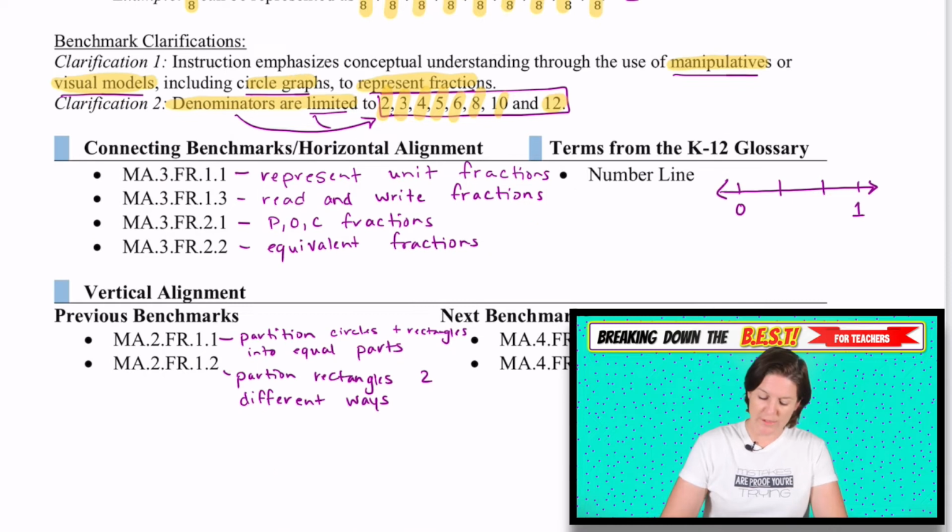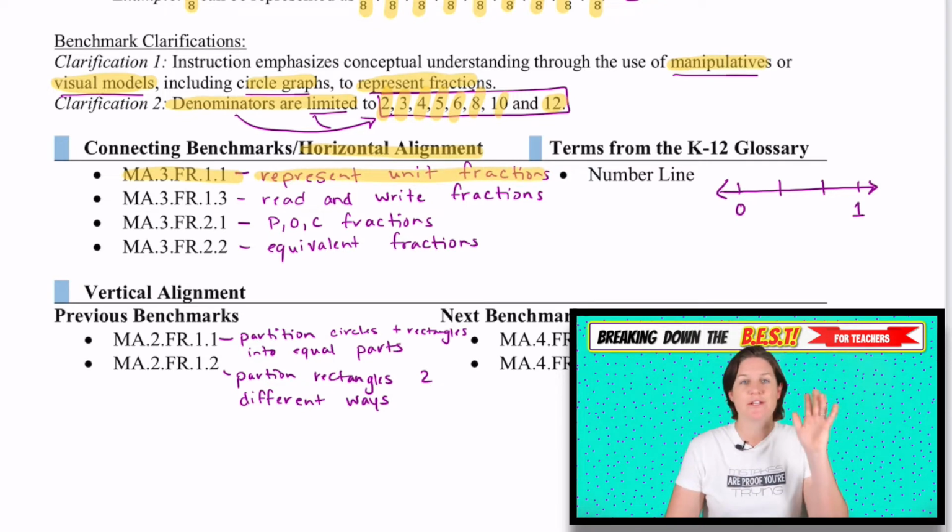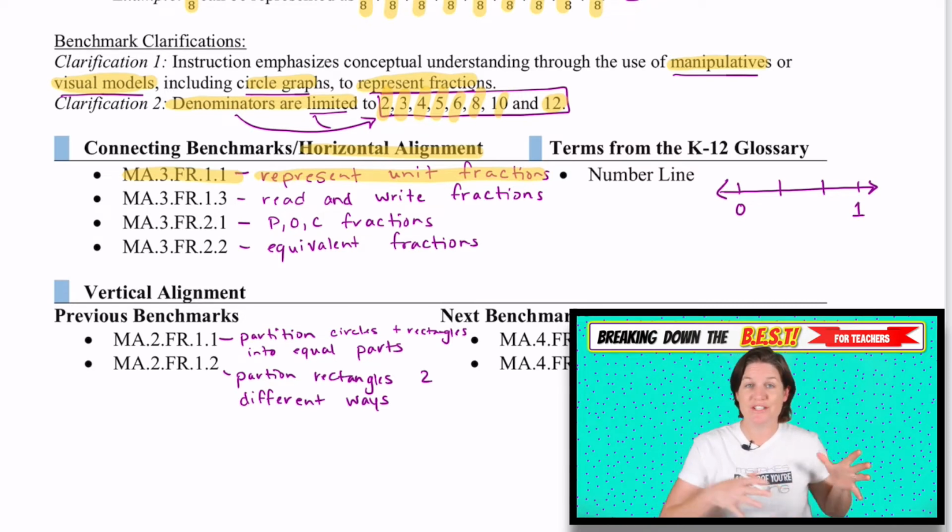So what is horizontally aligned this year in 3rd grade? Well, we have the standard right before this one, which was representing unit fractions. We talked all about representing unit fractions, and now we are applying that unit fraction and adding that unit fraction over and over again to equal a fraction.